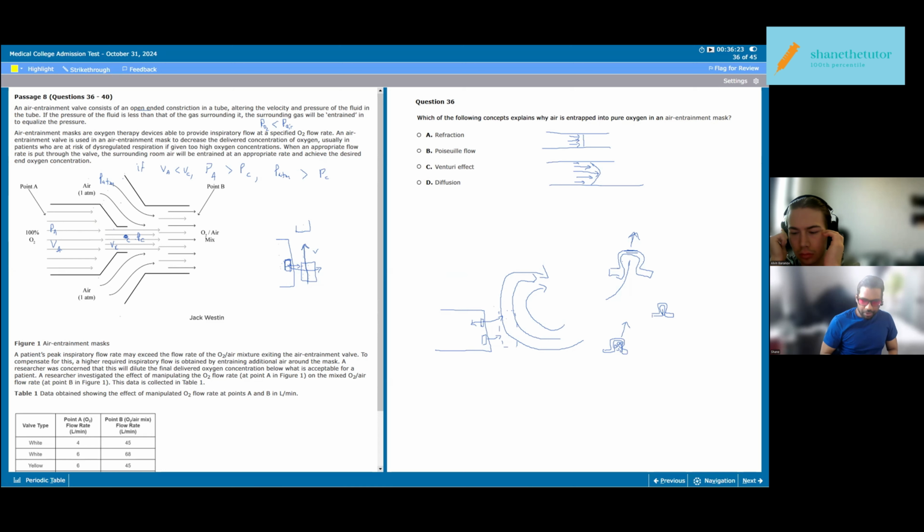And now turbulence is just when you have a whirlpool type situation. That's also something that happens with real fluids. It's related to something called the Reynolds number, which is actually inversely proportional to viscosity.